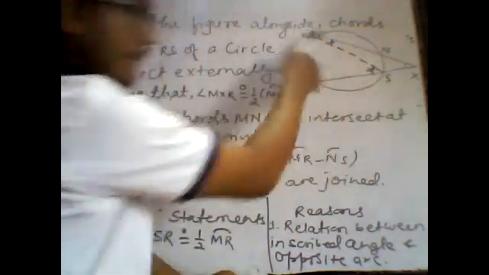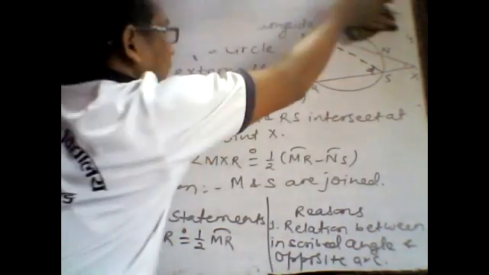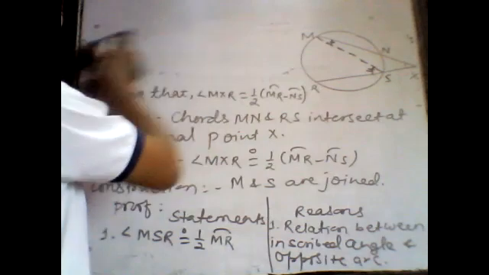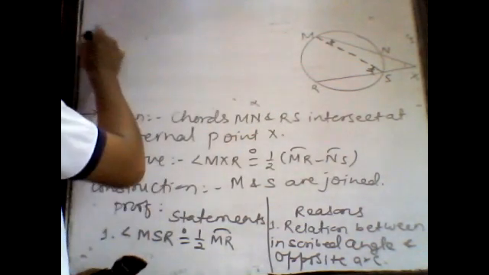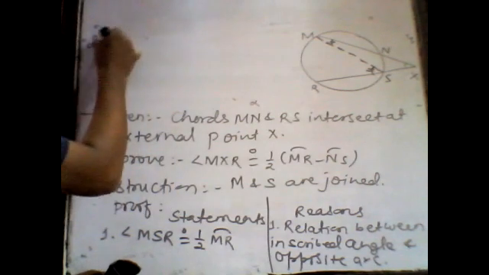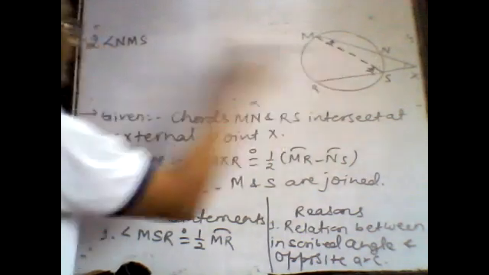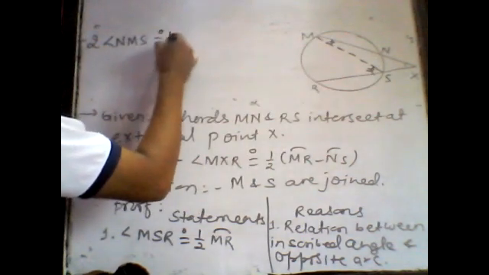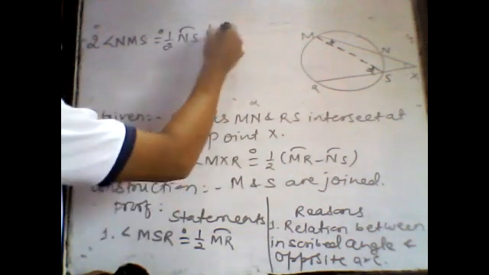Similarly, another inscribed angle is here, NMS. So we can write in statement number 2: angle NMS is equal to half of arc NS. What is the reason?